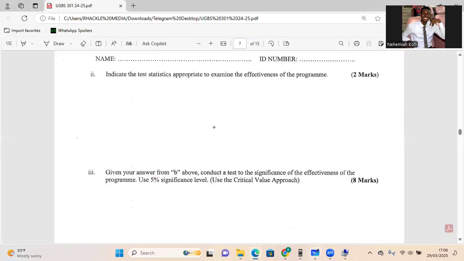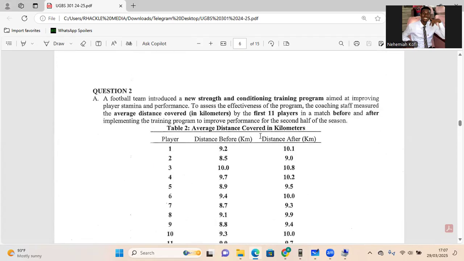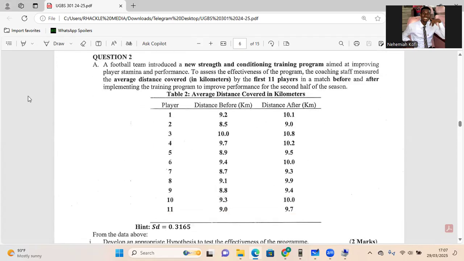C is saying that given your answer in B, conduct a test of the significant effectiveness of the program. Use a 5% significance level using the critical value approach, right? Before we can compute this, we have to find the difference, so we have to find Di here.